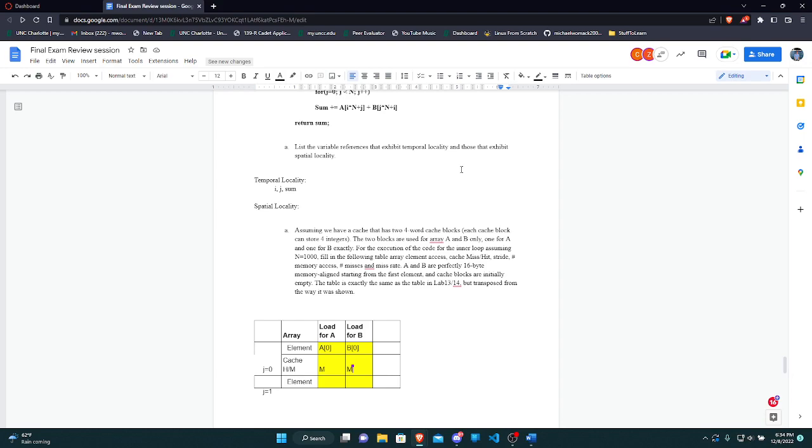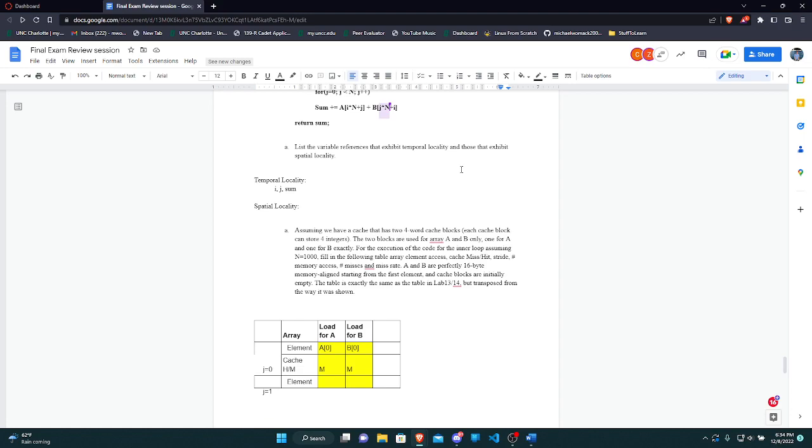So now J will increment through the second time through the loop. If we go up and look at the for loop, we can see that in A, J is being added on to A times N. But in B, J is being multiplied by N as well as being iterated.